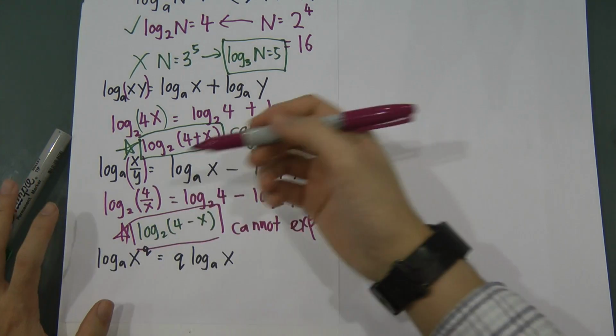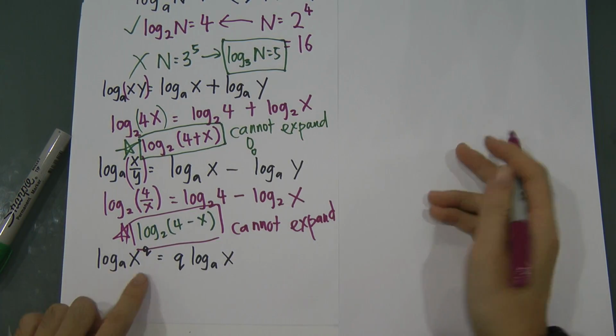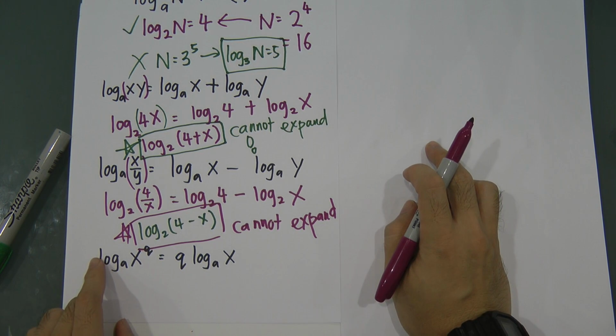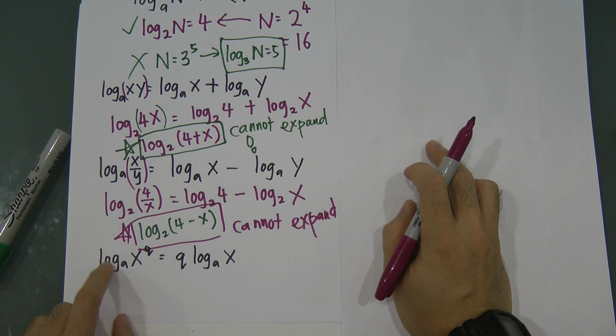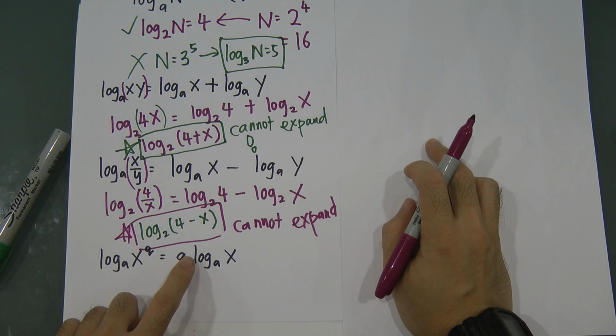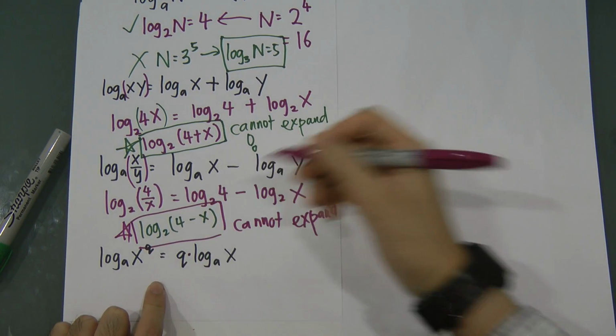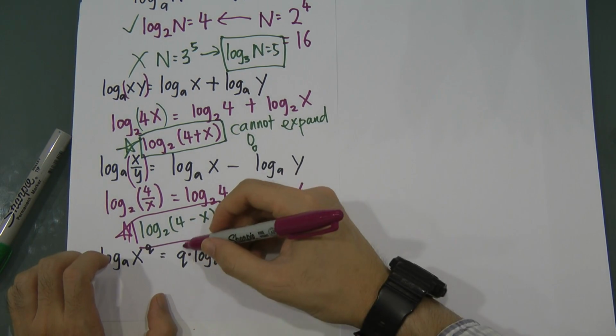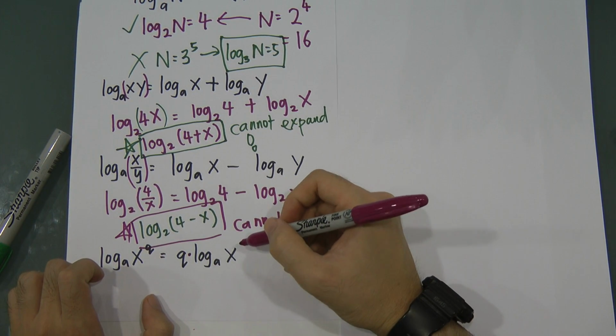This is very simple. If you got the power q, you can bring your q to the front and it becomes q multiply log a x. At the same time, if I got the power in front, I can bring it up to become the power as well.